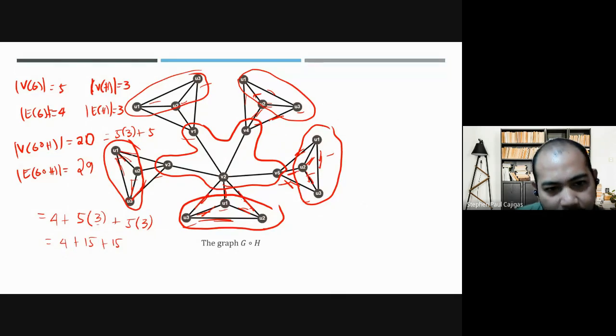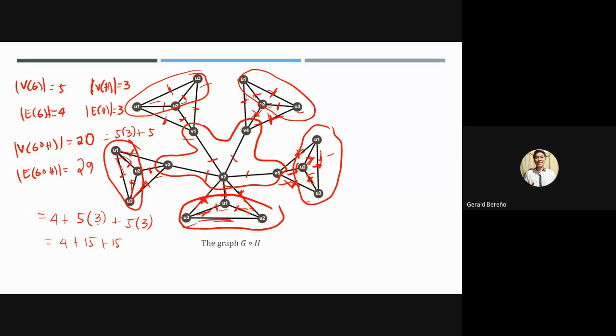Let's count again. 1, 2, 3, 4, 5, up to 32. 32 again. Master, 34, because 6 times 5 is 30 and the original is 4.